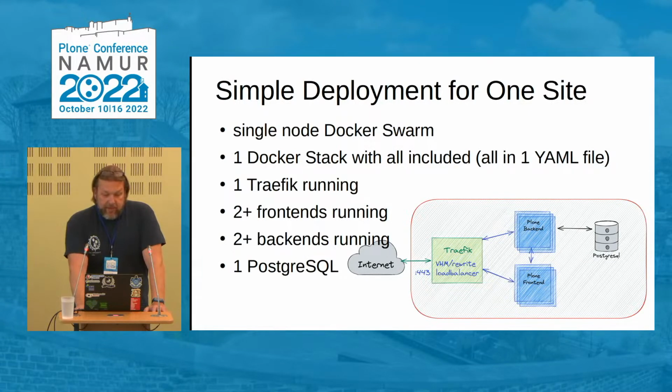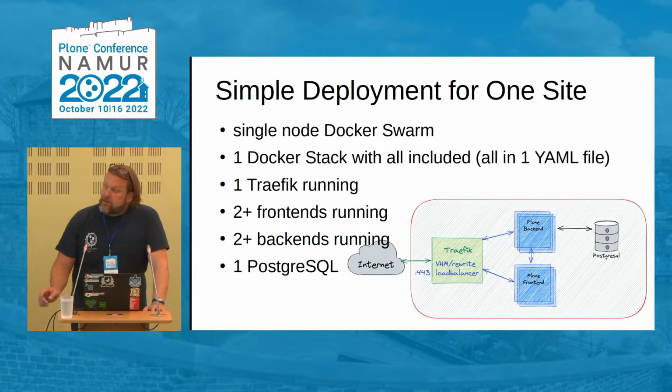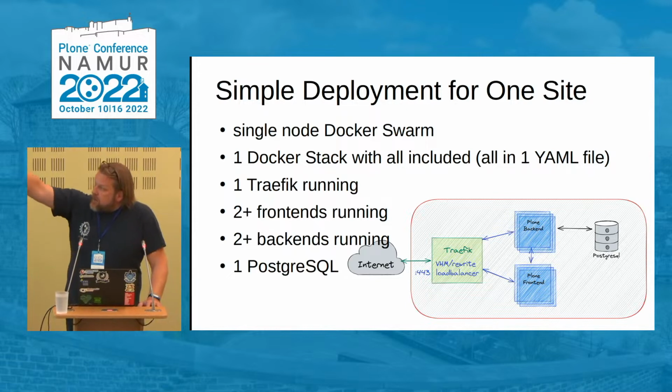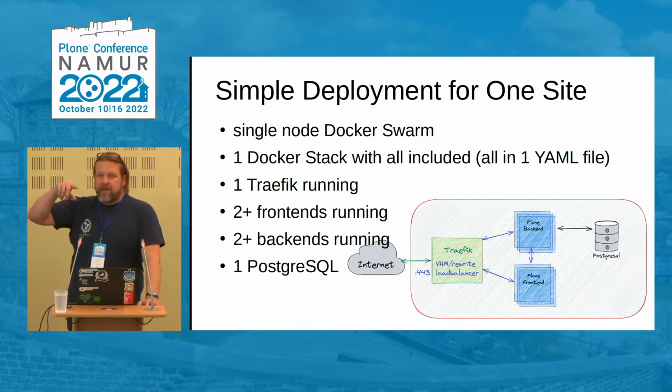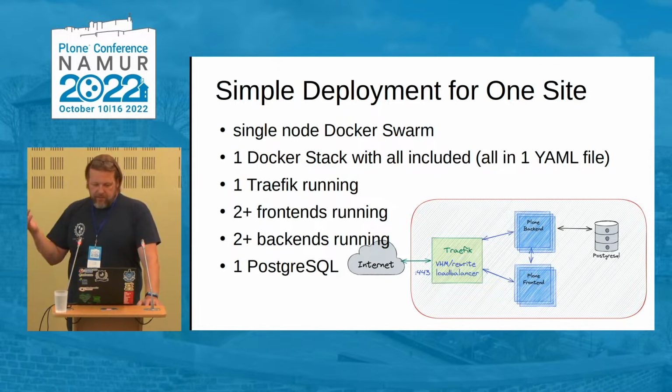This is for one site, because the traffic is now the red line around this area that is like my one stack. So if I say Docker stack ls, that is the command, then it shows me there's one stack, and in the stack, if I do a Docker stack ps with the name of the stack, then I see these 4 services, or now 6 others running in there.